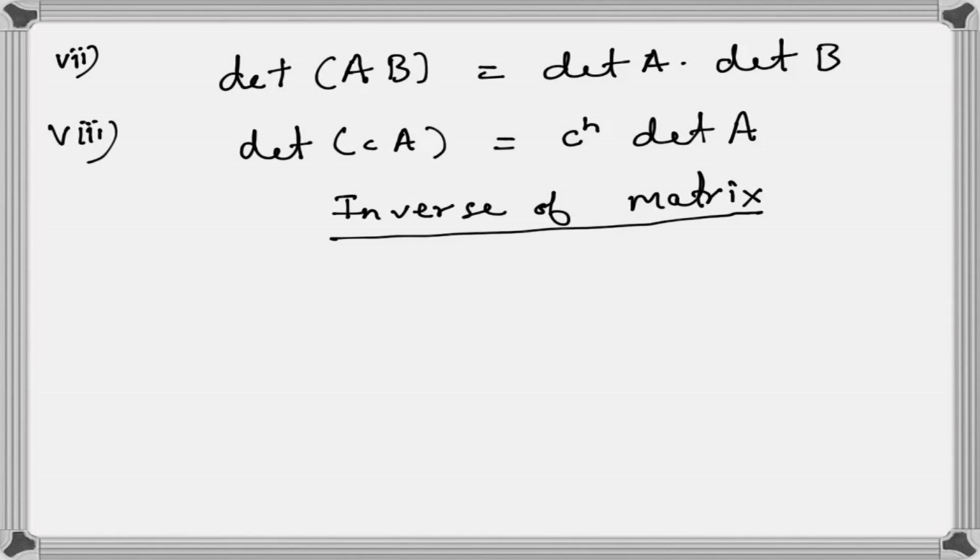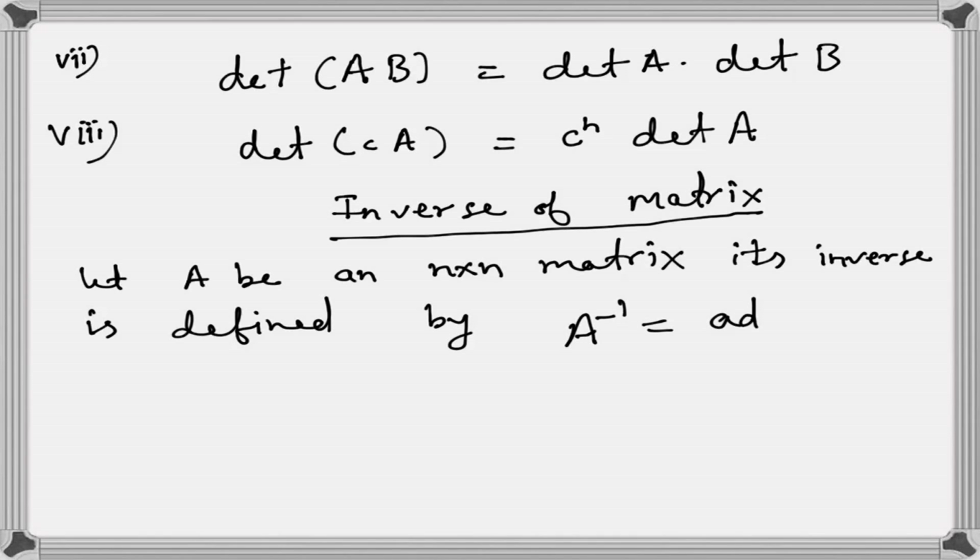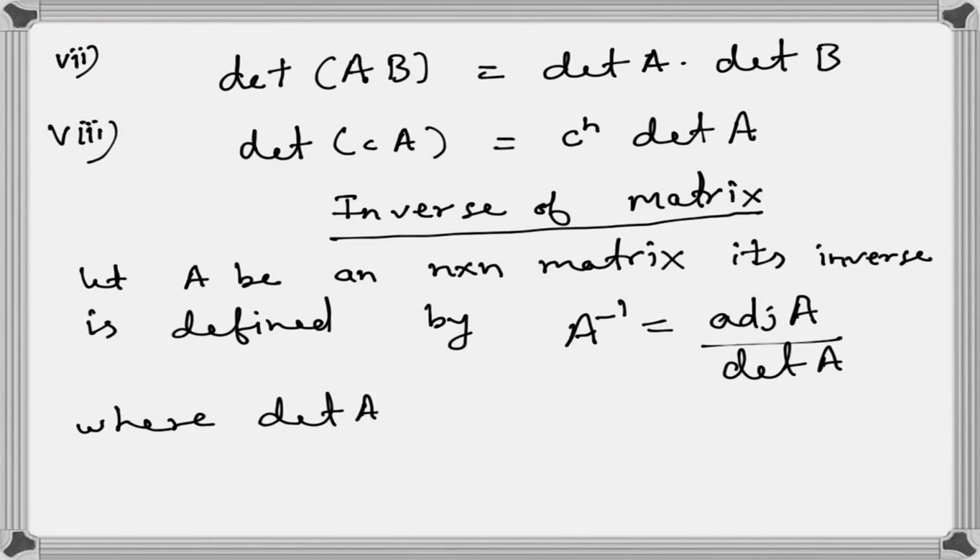Let A be an n cross n matrix, then the inverse is defined by A inverse equals adjoint of A divided by determinant of A, where determinant of A is non-zero.